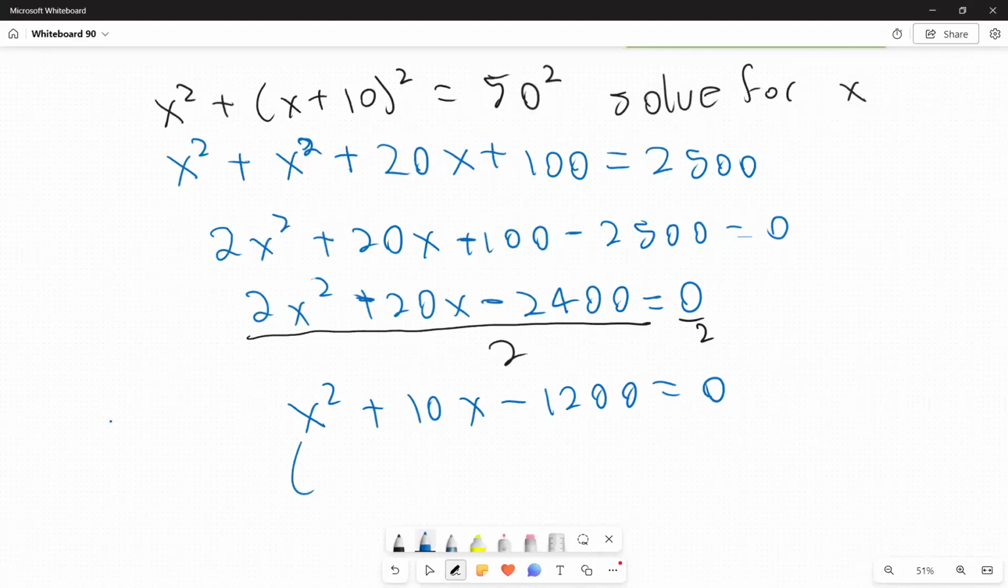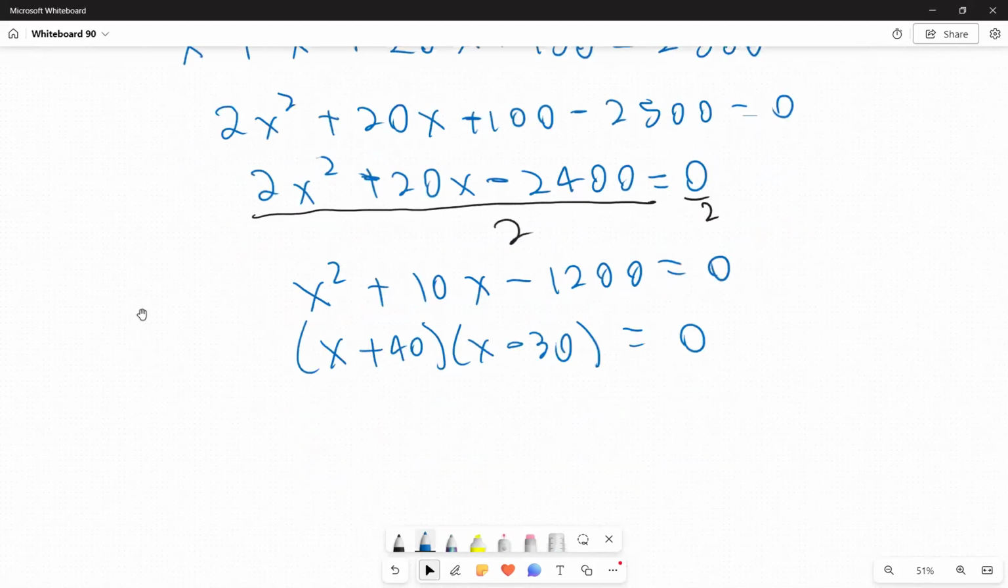Those numbers are going to be 40 and 30. And the solutions are going to be negative 40 and positive 30.